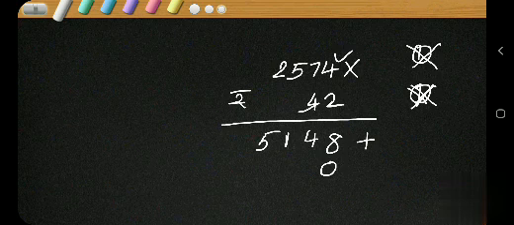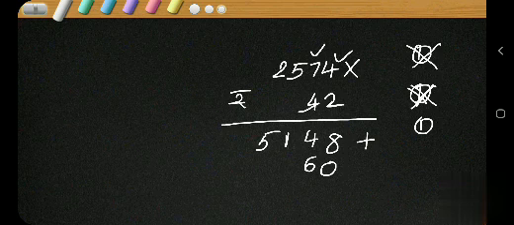4 into 4. 4 fours are 16. Can we write 16 there? No. So what to do? 16, 6 here and balance 1 in the working column. Okay. Now we have to multiply 4 into 7. 4 sevens are 28. You should be thorough with the tables.